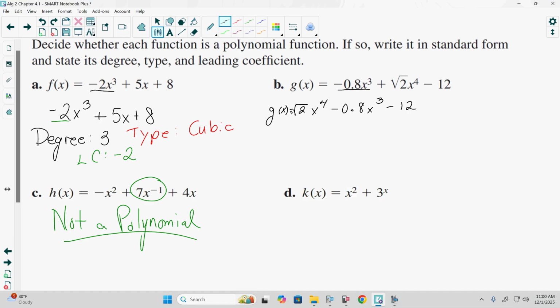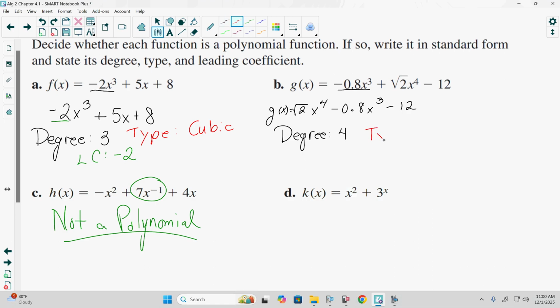Now the degree would indeed be 4, because the degree is the exponent attached to the biggest variable. So 4 is our biggest exponent attached to a variable, so the degree is 4.